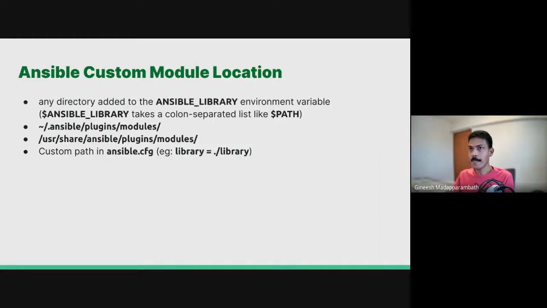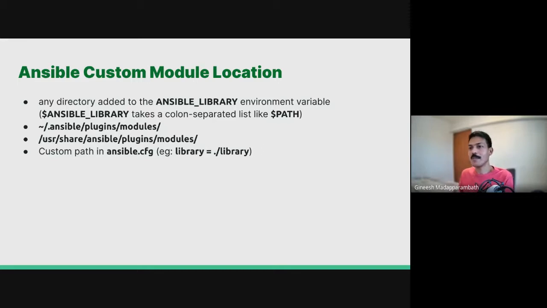That's the case. And for the module location, you can keep your modules in any location, like the normal directory, like .ansible plugin modules, or it can be your environment variable. By default, these paths are not recommended. Even during development, it's fine, because if you keep these modules in your local path or local machine, it won't work in another machine, right?